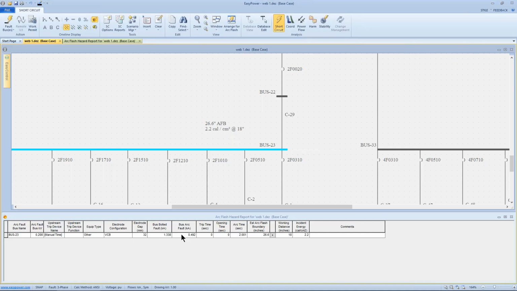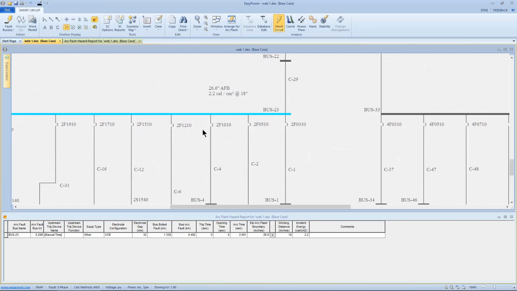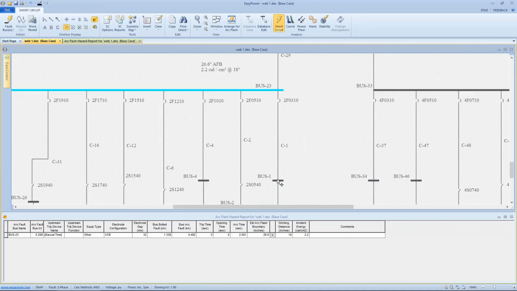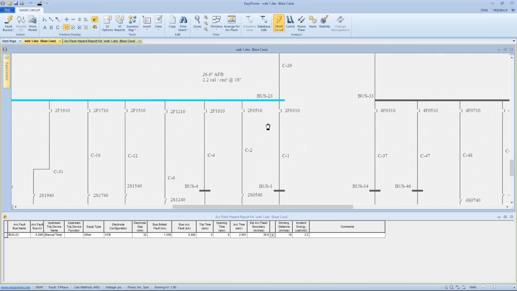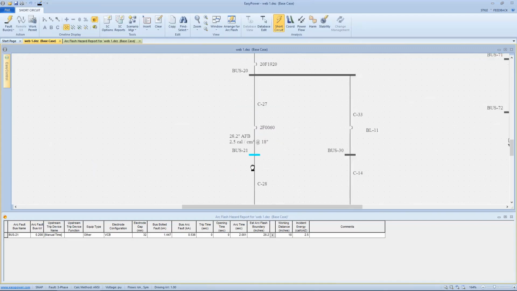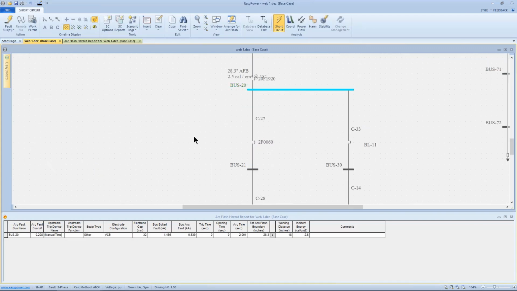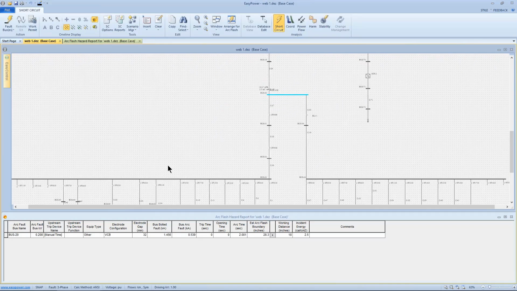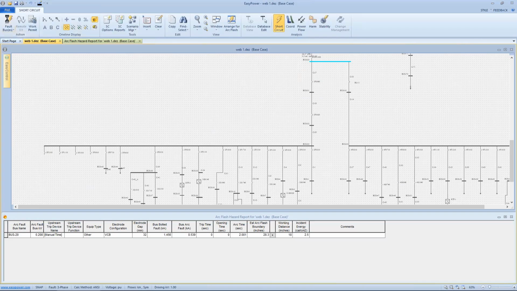So the issue is that with the lower and presumably more accurate arcing current from the 2002 model, it actually delays or prolongs the response time of our trip devices, and consequently 2 seconds is a reasonable assumption to make because of these lower currents. If we look at some of these other buses, they fall in line fairly nicely. So this is an ideal case as far as applying the 2 second rule.